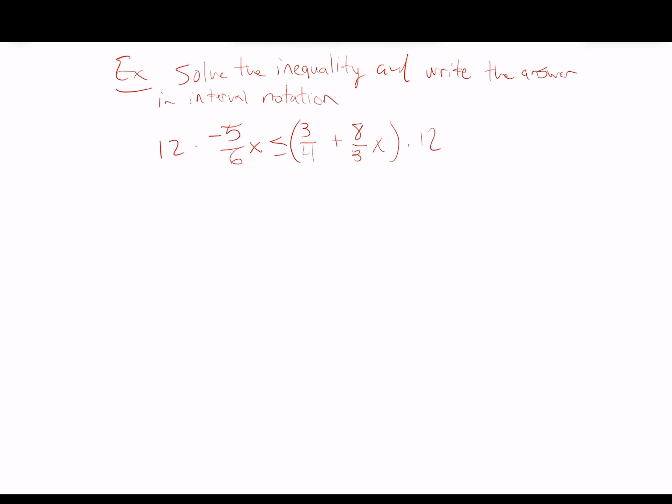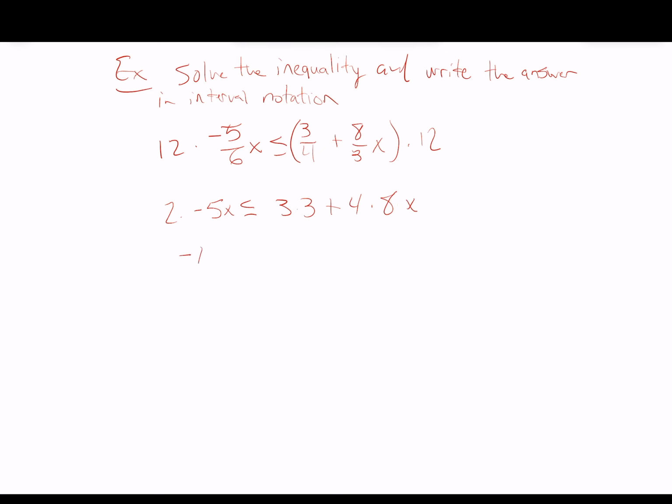So 12 divided by 6 is 2 times negative 5x, less than or equal to 12 divided by 4 is 3, so we have 3 times 3. 12 divided by 3 is 4 times 8x.